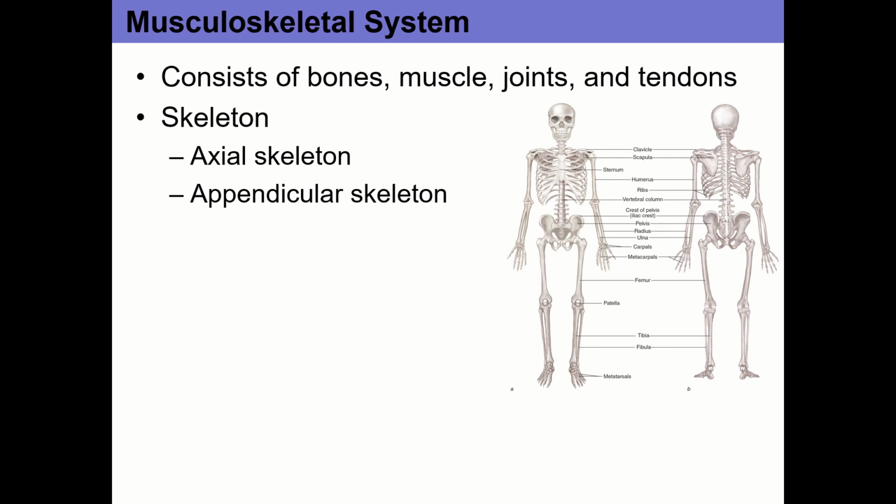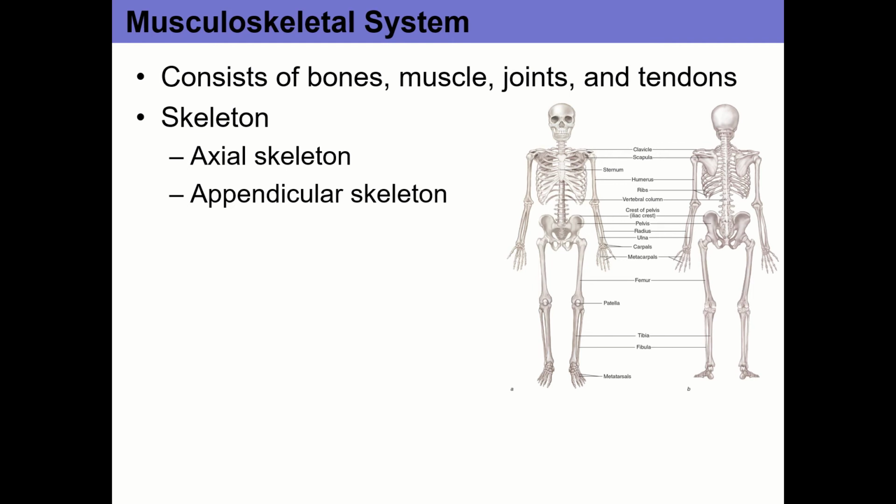The appendicular skeleton: your appendages are your arms and your legs. So the appendicular skeleton is all of the bones that are associated with the arms and the legs. In the upper body, the appendicular skeleton starts with the clavicle, which is your collarbone, and then the scapula, which is your shoulder blade, and then everything distal to that. So everything farther from the body than that.